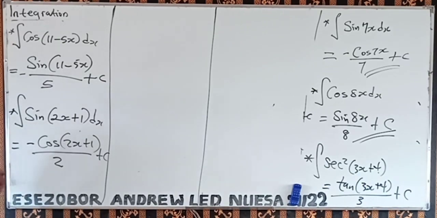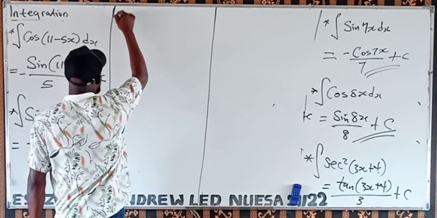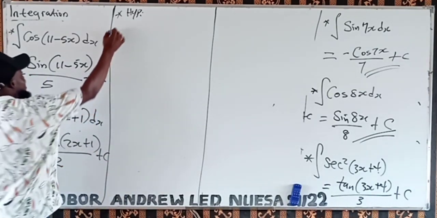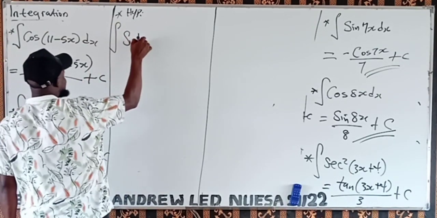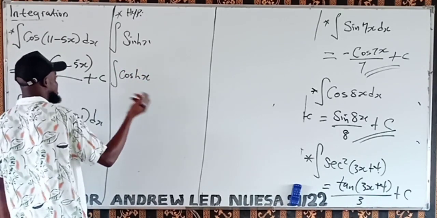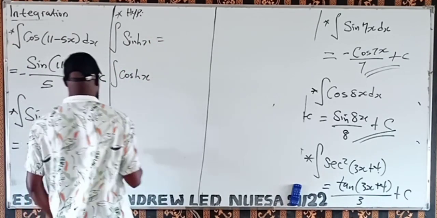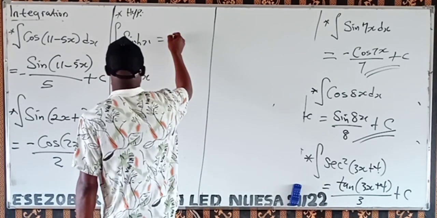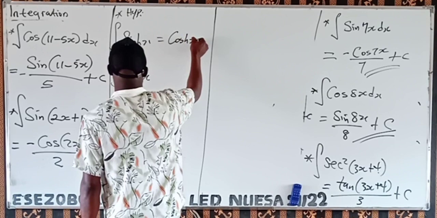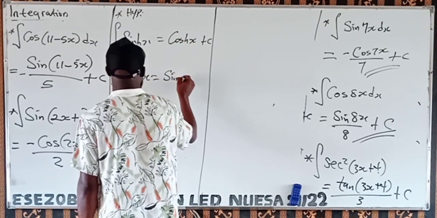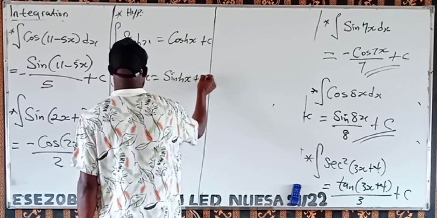Take note of that. Now let's look at hyperbolic functions, how to integrate hyperbolic functions. Remember hyperbolic functions are sinh x, cosh x, and so on. If I integrate sinh x, I'm going to have cosh x, there's no minus. If I integrate cosh x, I'm going to have sinh x plus c.